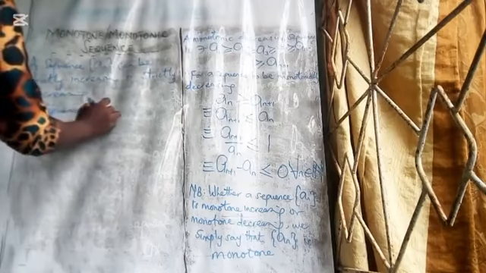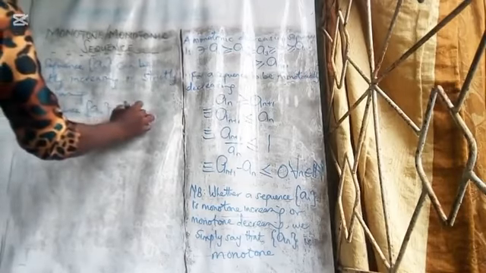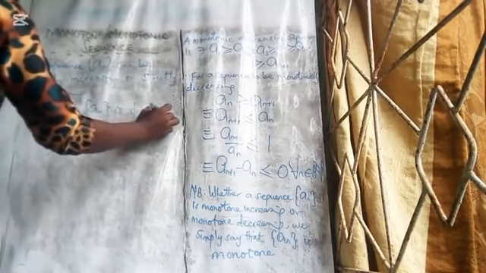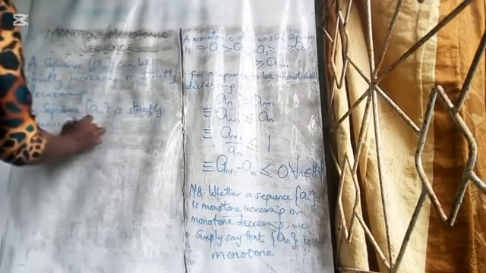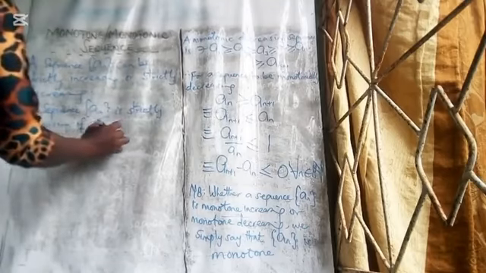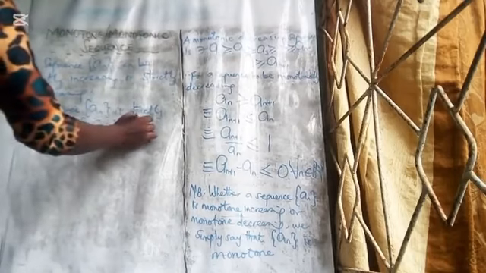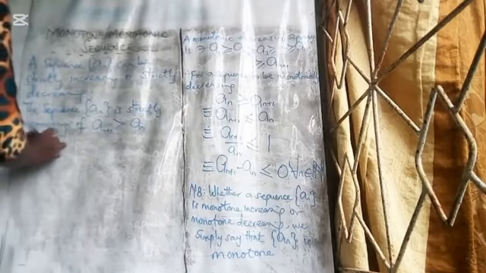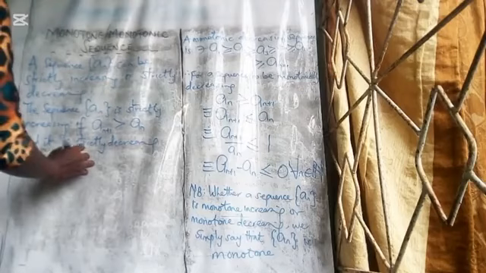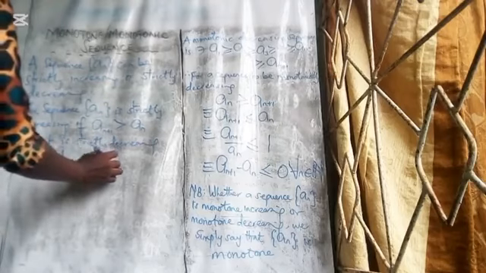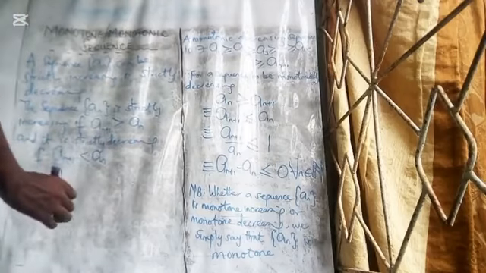The sequence a sub n is strictly increasing if a sub n plus 1 is greater than a sub n, and it is strictly decreasing if a sub n plus 1 is less than a sub n.